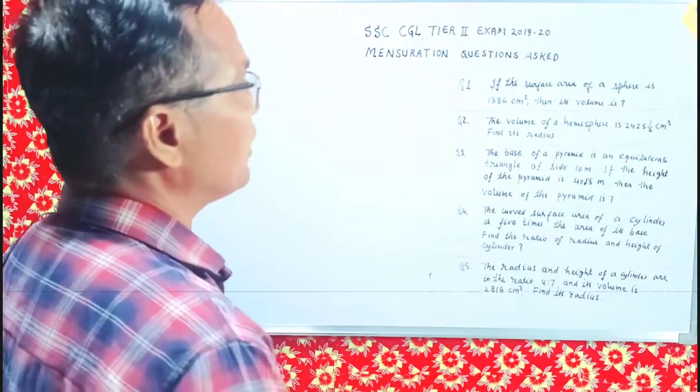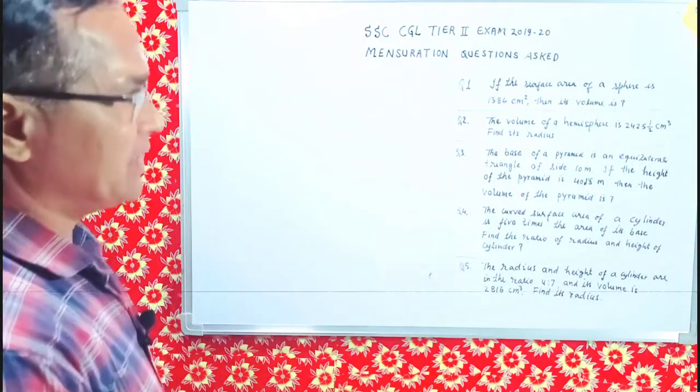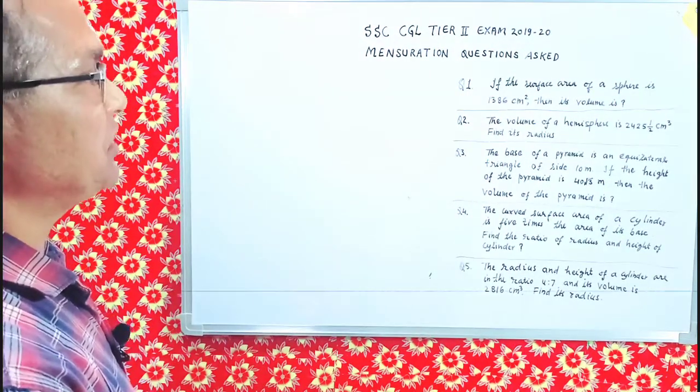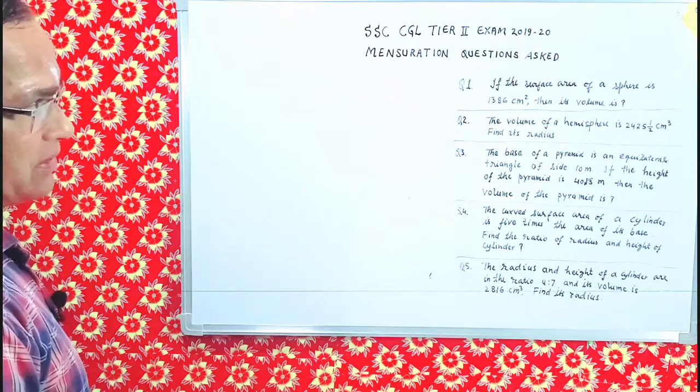Second question is, the volume of a hemisphere is 2425 1 by 2 cubic centimeter. Find its radius.